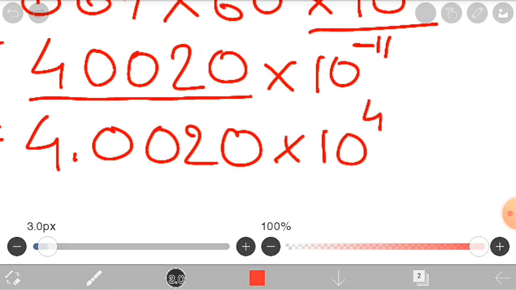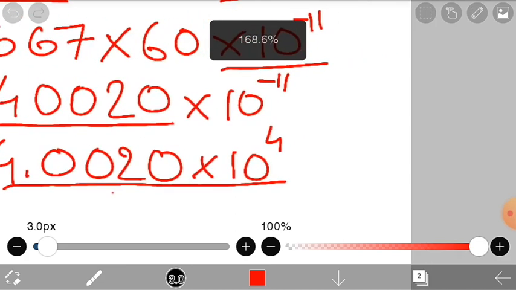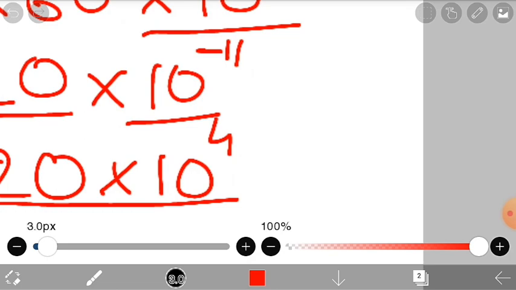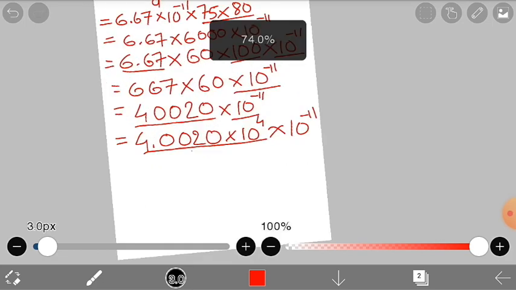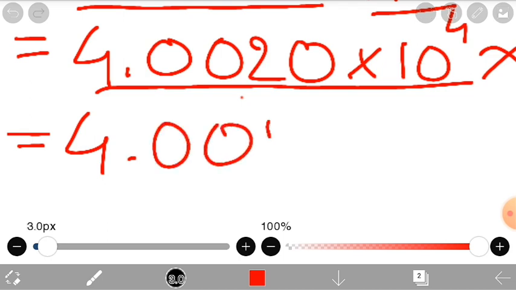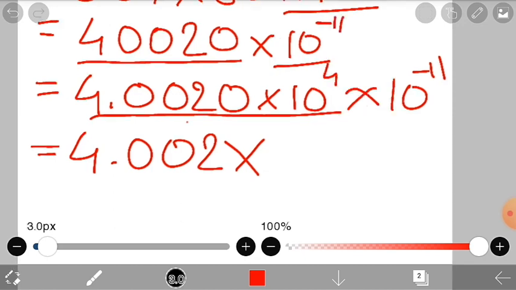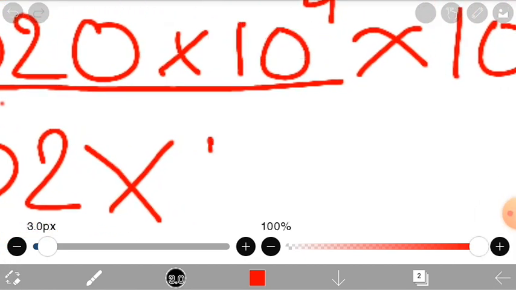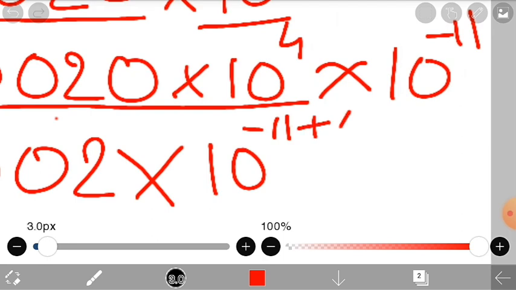We can write this number as this, and the remaining thing is 10 raised to minus 11. So on solving this, we get the final answer, that is 4.002 into 10 raised to minus 11 plus 4.